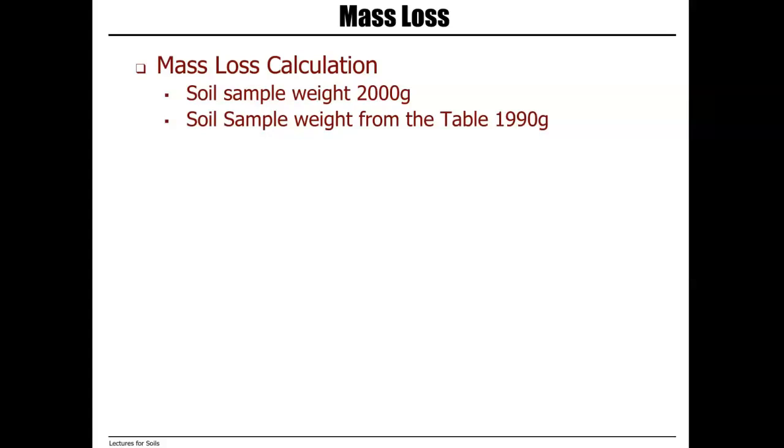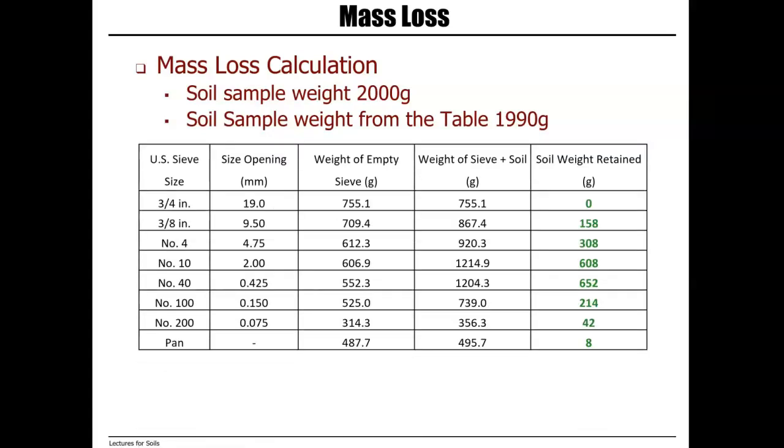We also need to calculate mass loss to check the accuracy of our test. So how do we do that? We started our test with 2000 grams. This is the original weight of the soil sample.